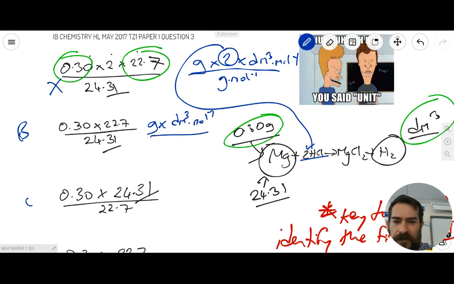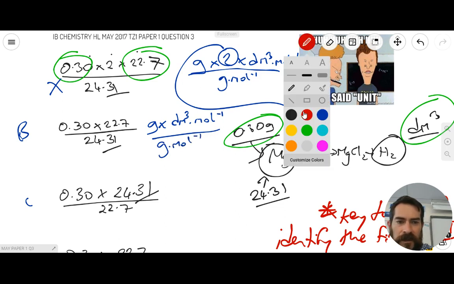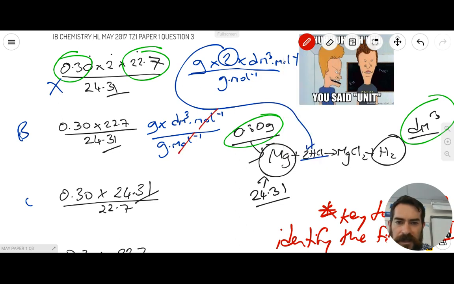Then on the bottom, we have 24.31 grams per mole. As you can hopefully see here, the reciprocal moles, or moles to the -1, will cancel with each other. The grams will cancel with each other, and magically this gives us units of decimeters cubed. So it has to be answer B.